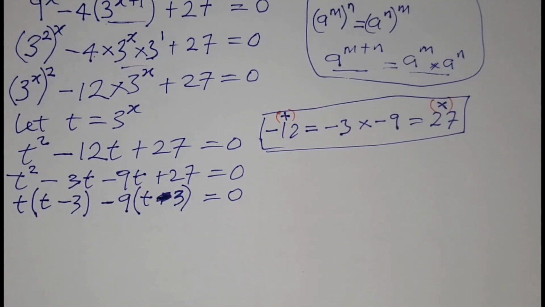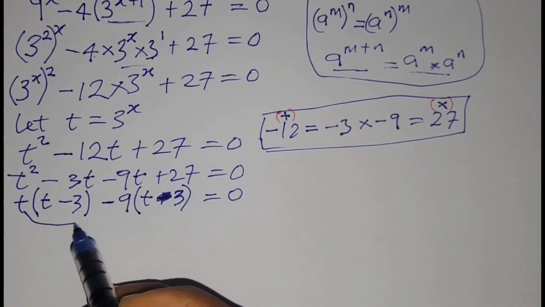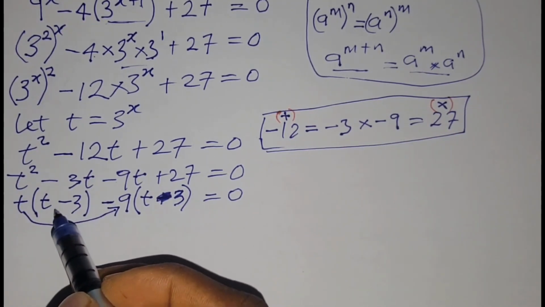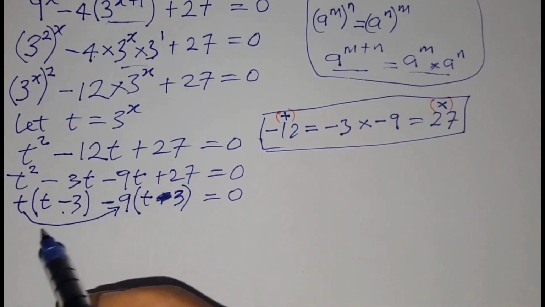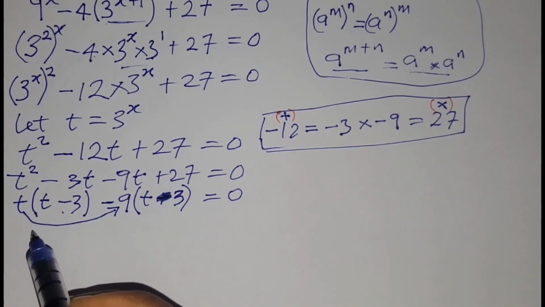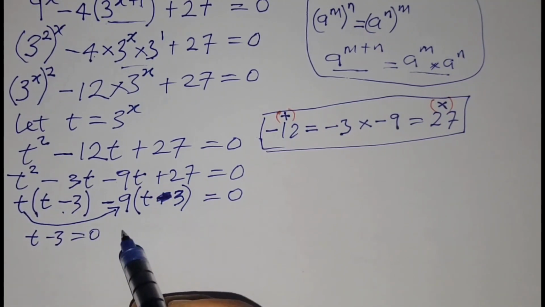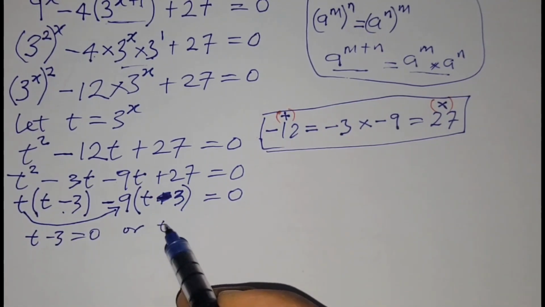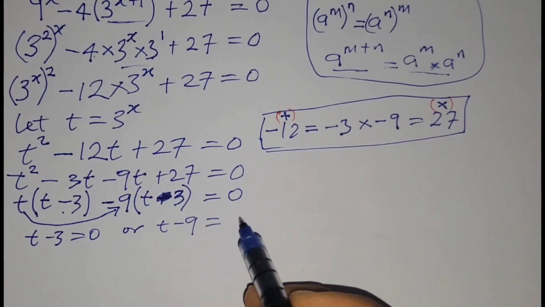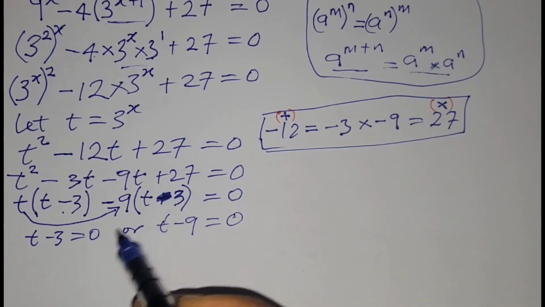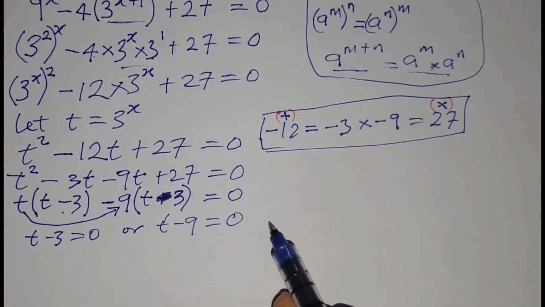So we are going to pick this, and also since these brackets are the same, you pick one of them. So you are going to have t minus 3 equal to 0, or t minus 9 equal to 0. So it is either this one is 0 or this one is 0.